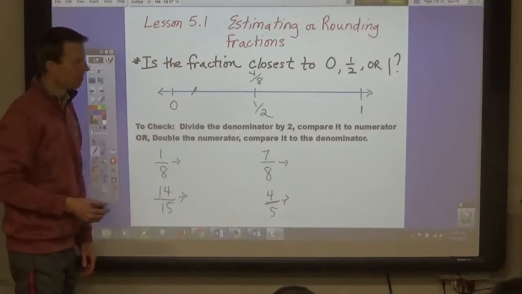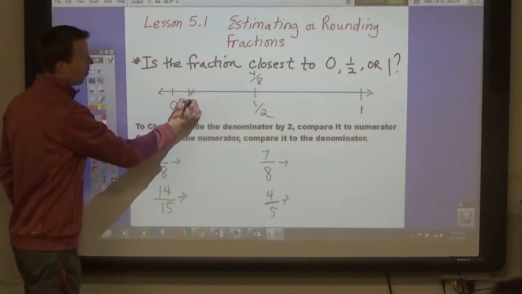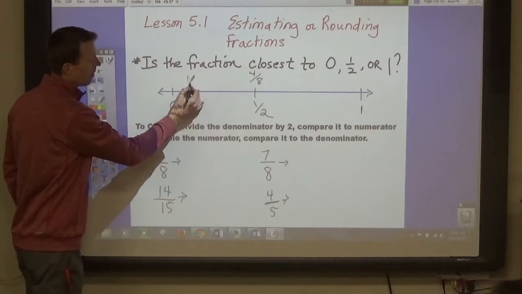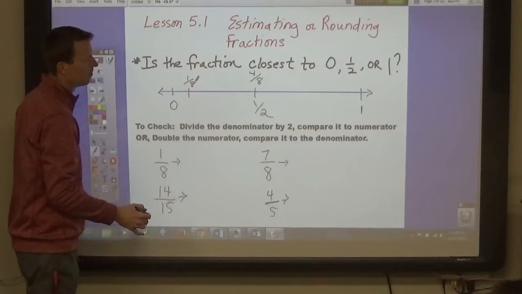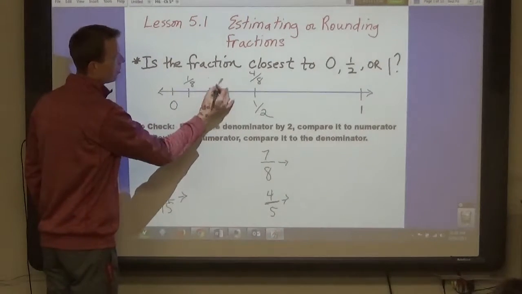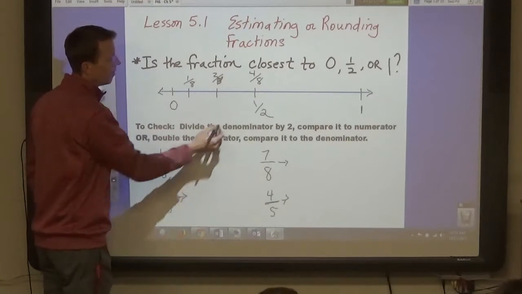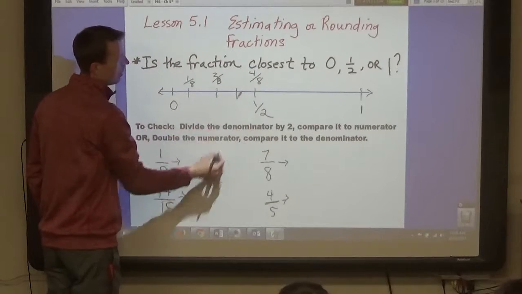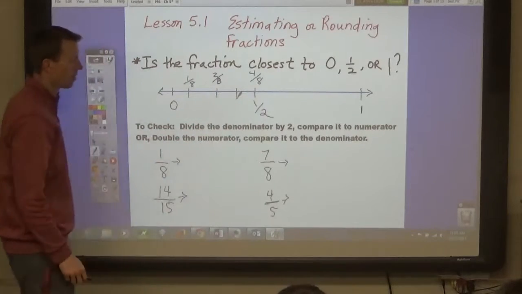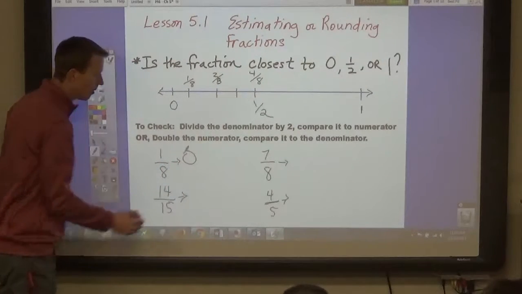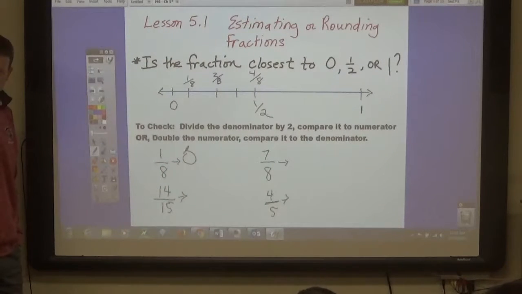Yeah, 1/8 would be like one right here. And then 2 8s would be about here. And then 3 8s would be about here. And then 4 8s. Right? So 1/8 would be closest to 0.